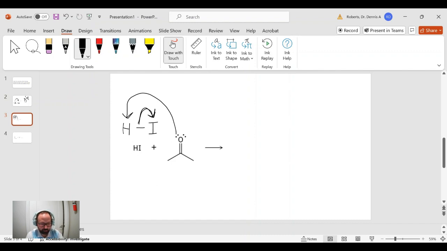And if you follow your curved arrows, that is the bond forming between oxygen and hydrogen. It used a lone pair from the oxygen, so we only have one remaining. And the other arrow down here is showing the breaking of that iodine hydrogen bond. So iodine would be by itself.